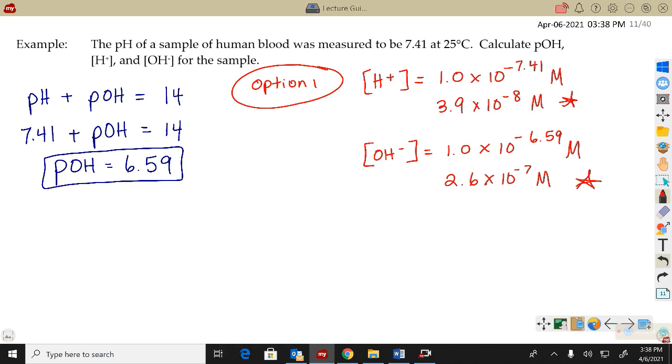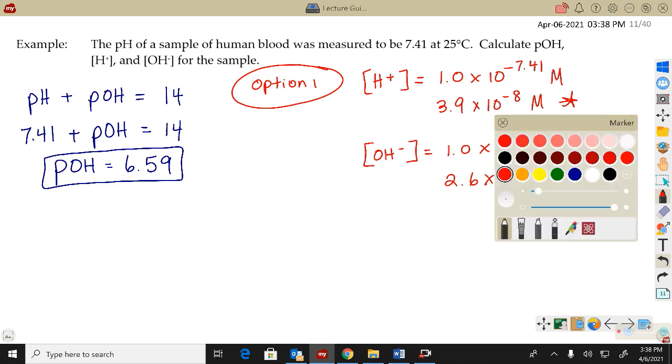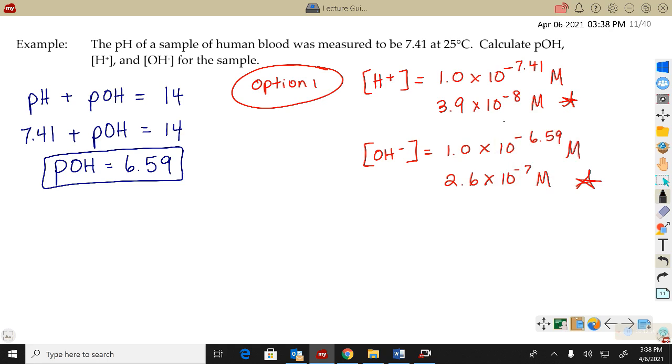There's one other equation that's in the packet. And here's another one that you could use. So I'm going to say this is option 2. All right, so let's say you calculated the hydrogen concentration.